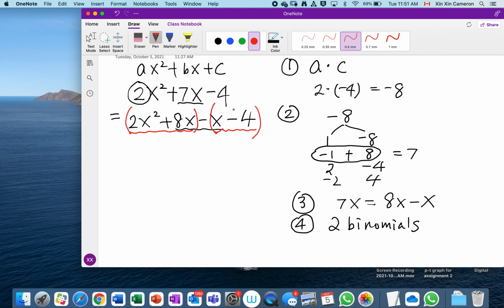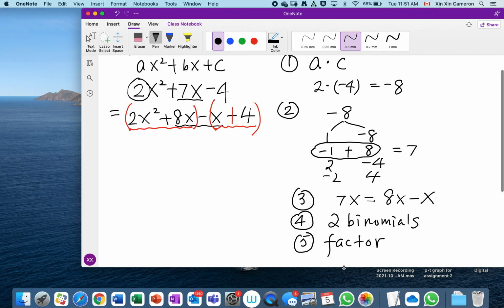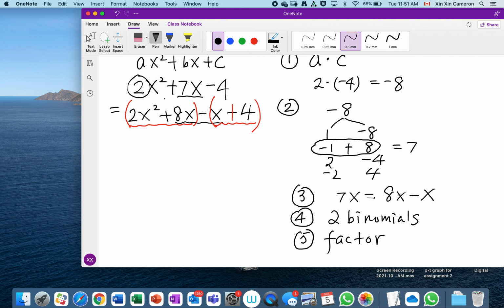So from the first binomial, now my fifth step is to factor. What does factor mean here? From here I can factor out 2 and x.